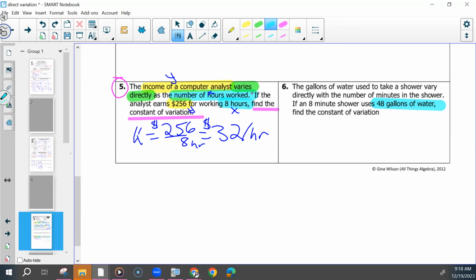Sorry, 8-minute shower. And then Omar, what did you say? If the gallons vary directly, the constant of variation.